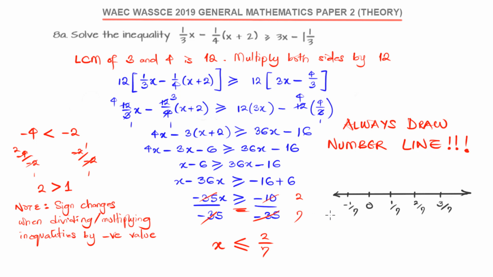Then I will locate the point 2/7, but I'm noting that I'm having less than or equal to, because of the or equal to that is there. That's going to be a shaded circle. If it is just less than, that will be an empty circle. Then less is towards the left, and this is the solution to our inequality.